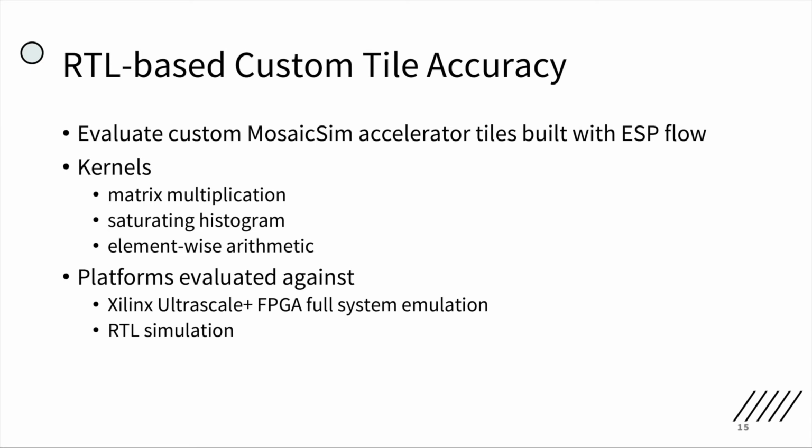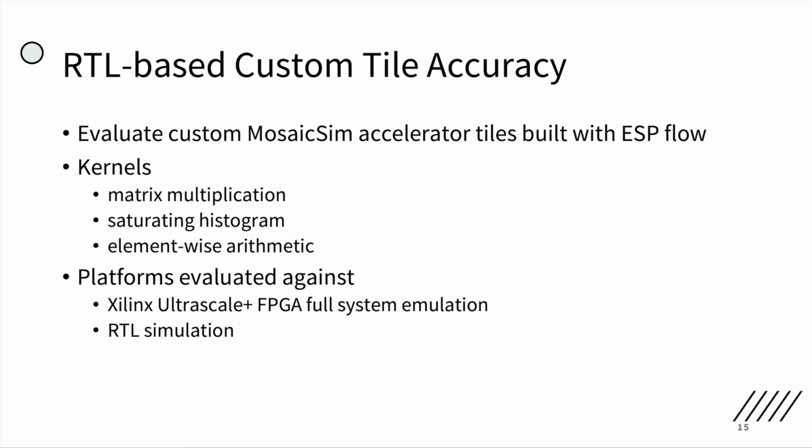We also evaluate the accuracy of the RTL-based custom tiles. These tiles were built with the ESP flow that was described previously. We designed accelerator tiles for matrix multiplication, saturating histogram, and element-wise arithmetic.